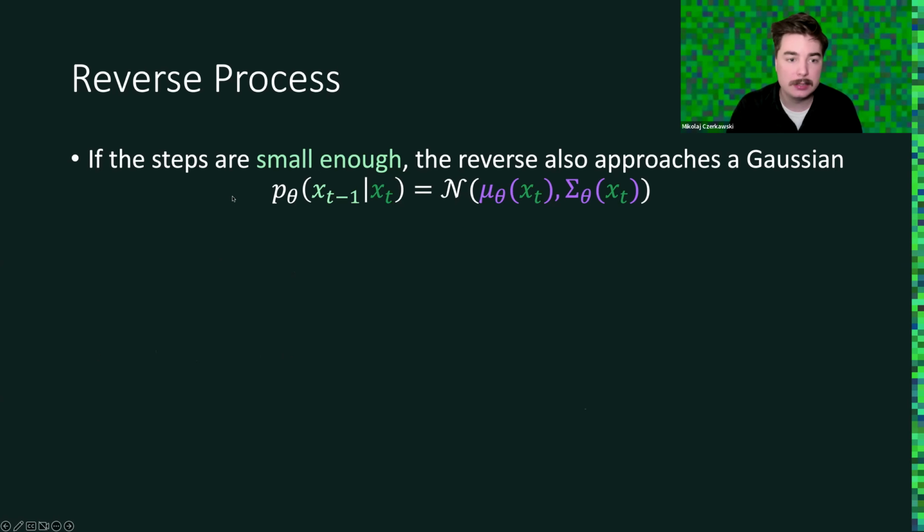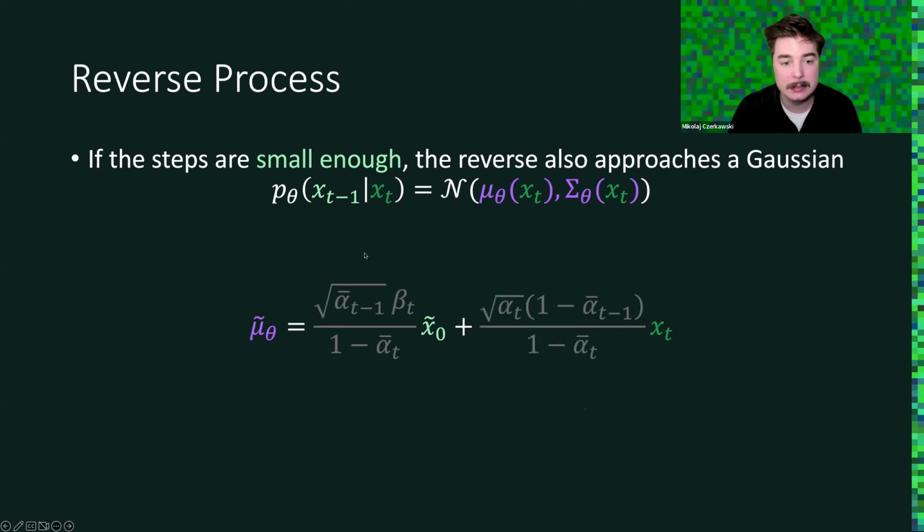Okay, so this is where we are, and we are most interested in approximating the mean based on parameters theta of the neural network. Okay, so again, if we go through the formulations, we will find out that this mean can actually be approximated as a linear interpolation between xt and x0. And so x0 is what we can actually predict instead, which will make some things easier.